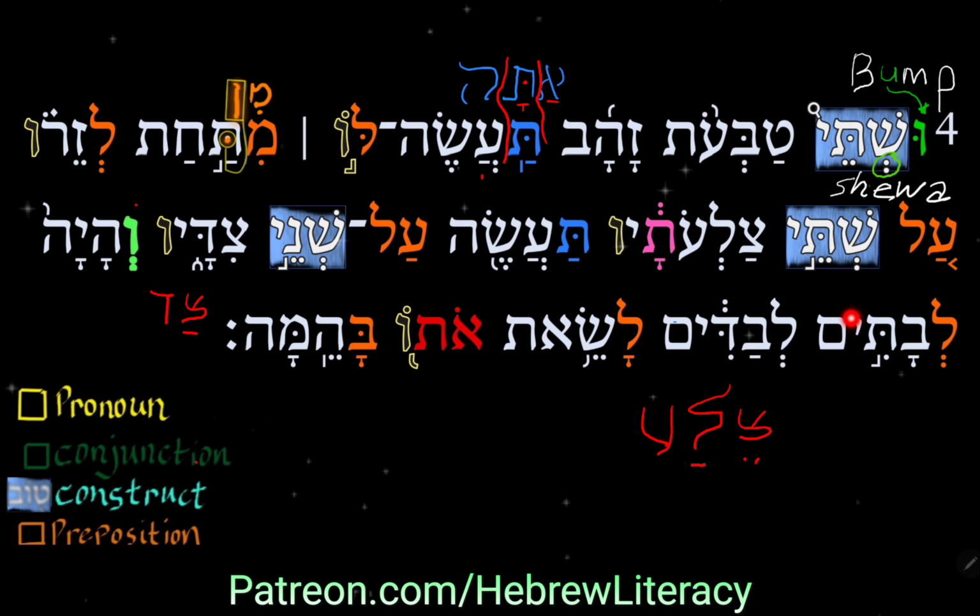Levatim. The lamed means for. Vatim. So this is from the word bayit, which you probably know. Bayit, house. It becomes beit in the construct, right? So like Beit Yisrael, the house of Israel.